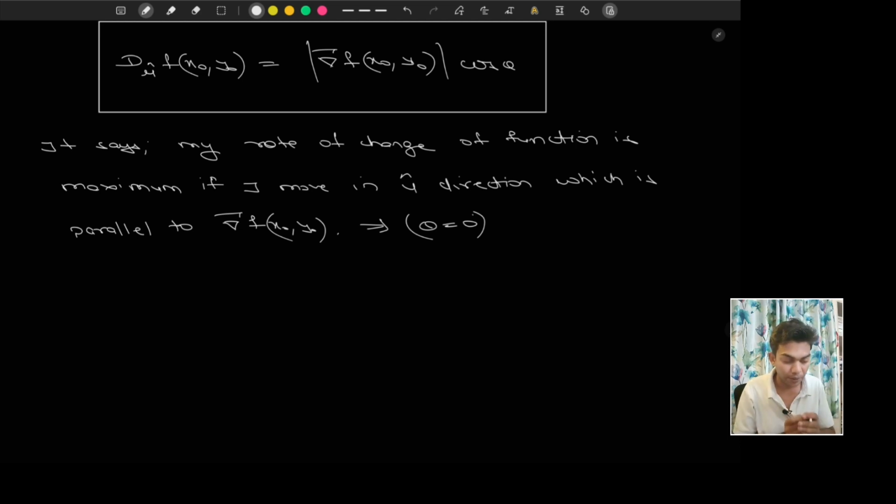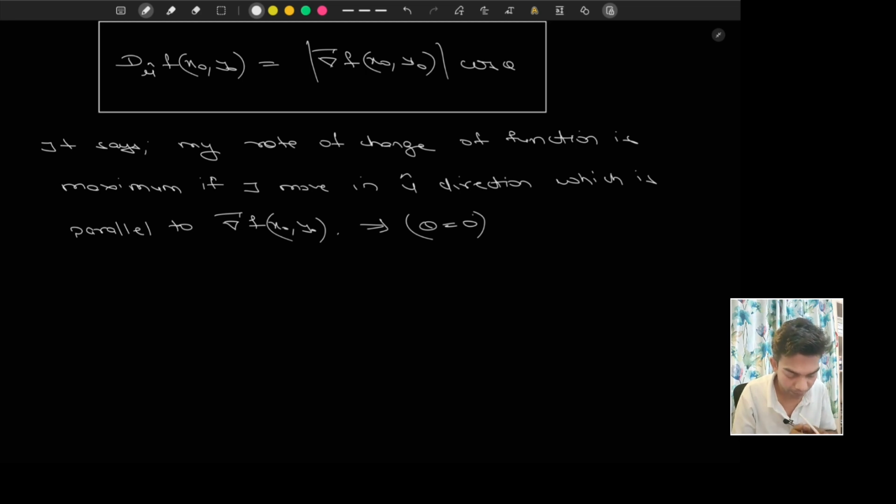So what it means is that if I am standing at a particular point x0 y0, and I am given a function f of xy, and I compute my gradient at this particular point, then if I move in the direction of the gradient itself, I am going to get the maximum rate of change of my function.